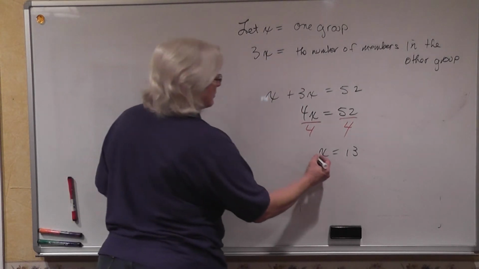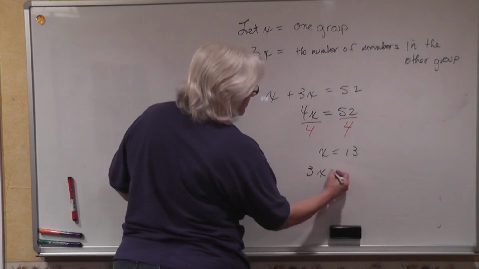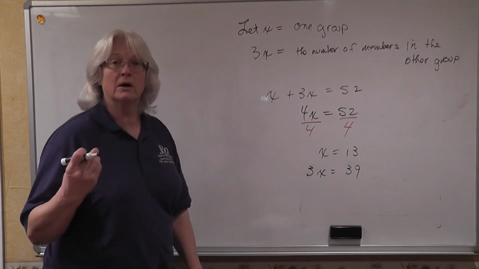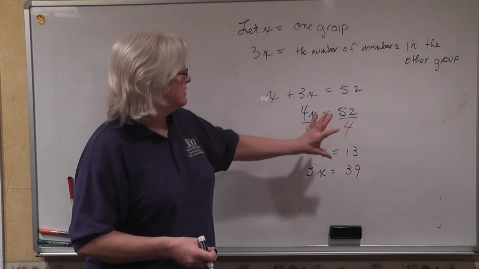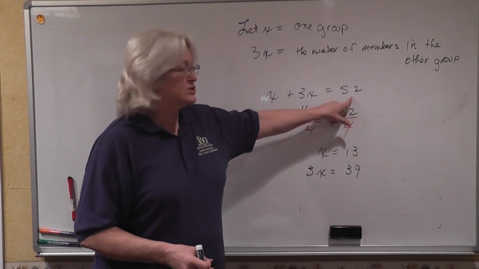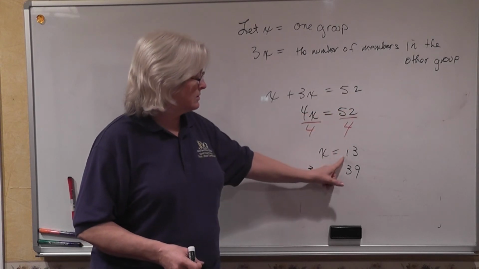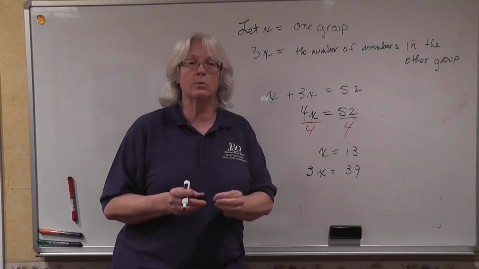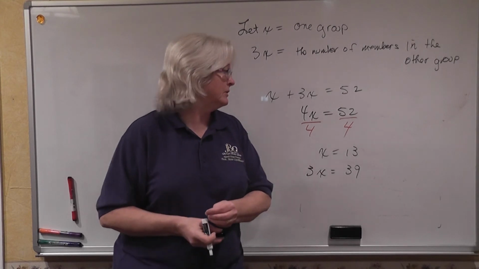We have a value for 3x now, which is 39. And we can do an instant check because when we add these two numbers together, it needs to equal 52. Does it? 13 plus 39? Yes. That does equal 52.